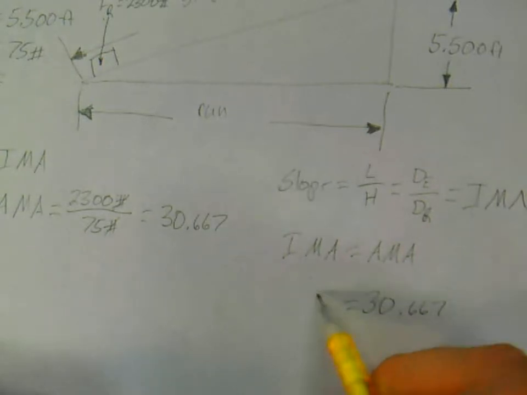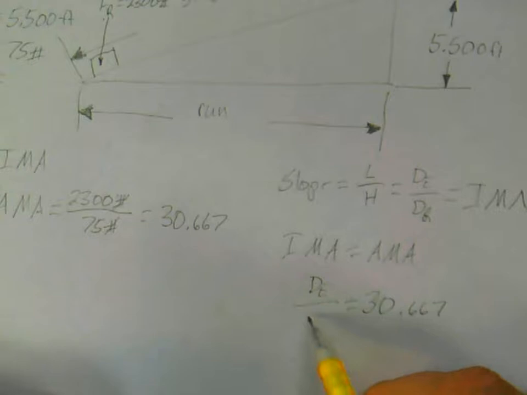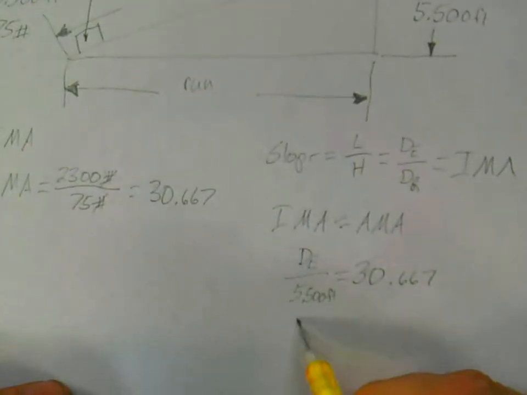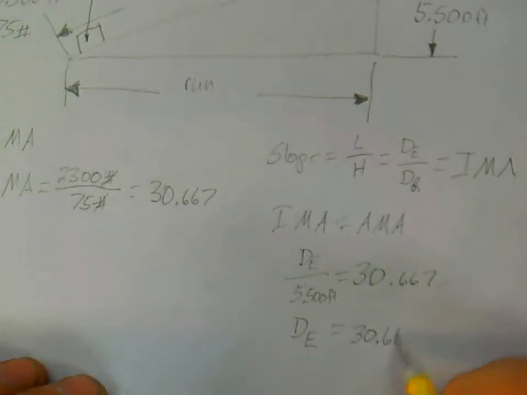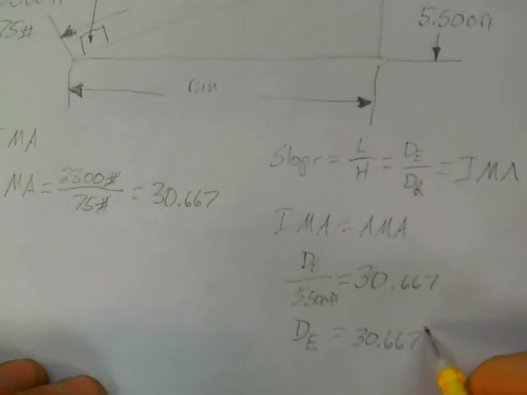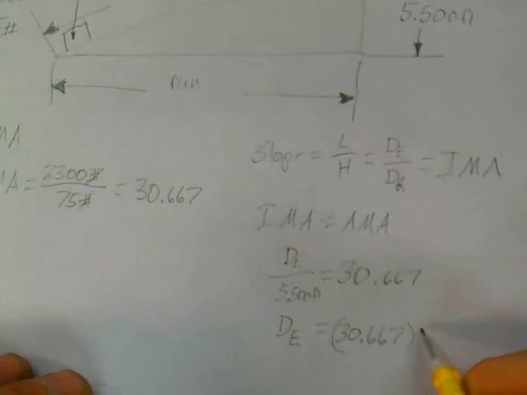Now, all we have to do to solve for DE is cross multiply in this equation, and we get 30.667 times 5,000, or times 5.500 feet. I'm sorry, 5.500 feet.